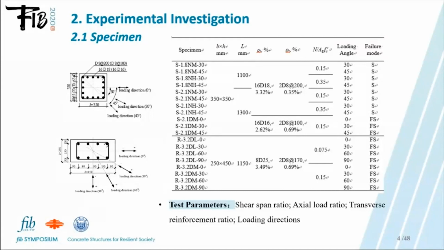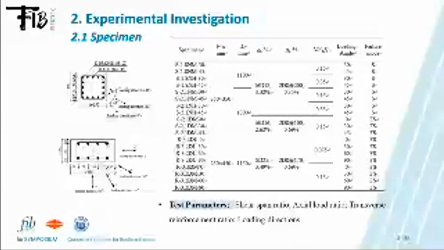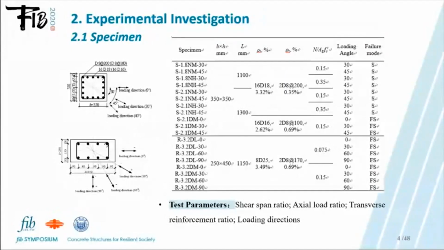The study included 2 different types of specimens: 10 intermediate shear columns with square cross sections and 8 slender columns with rectangular cross sections. The main test parameters were shear span ratio, axial loading ratio, longitudinal and transverse reinforcement ratios, as well as the loading directions. More details are listed in this table.